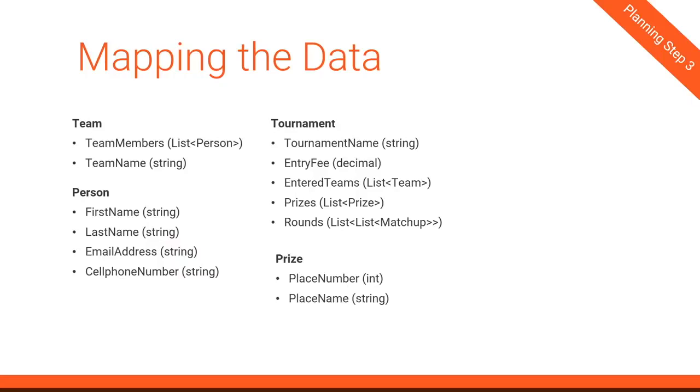Next, we have place name. So this is where we're going to specify what that place is called. And you might think, wait a minute, we just said what those places are, first place, second place, third place. But maybe we want to call it champion is first place. Second place we call first runner up. You see how that terminology might be a little bit different? So we'll put that in this string field.